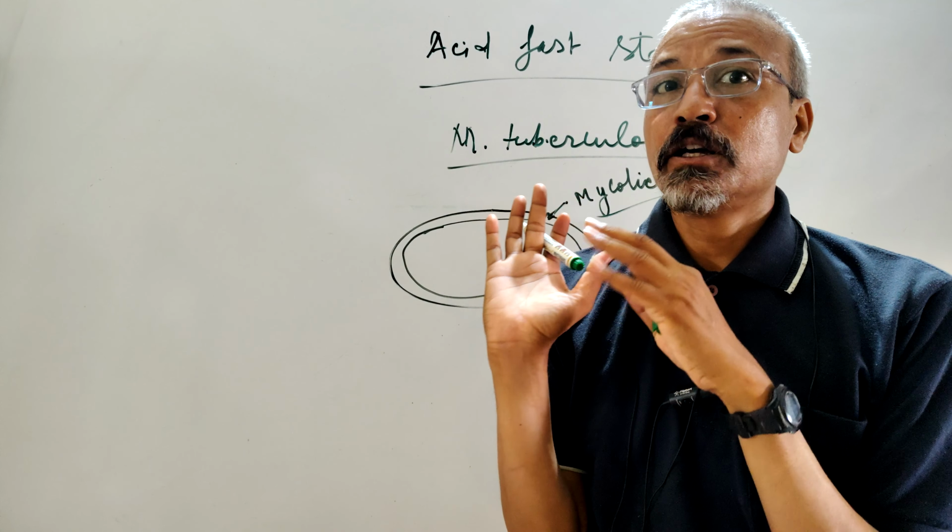Okay, so on the application of acid alcohol, this carbol fuchsin will not come out, and this Mycobacterium tuberculosis will retain this carbol fuchsin. If this bacteria does not retain the carbol fuchsin, then we apply the methylene blue.